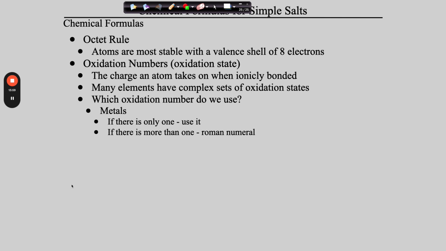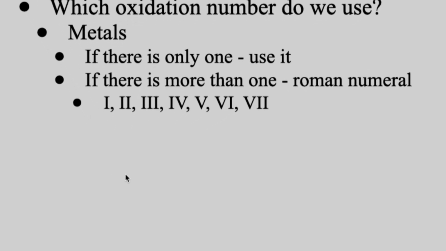Now guys, if you don't know your Roman numerals, here you go. Write them down. I is 1, II is 2, III is 3. Then IV is 4, V is 5, and IV means subtract 1 from 5, that's 4.